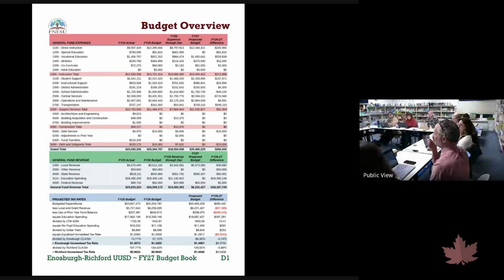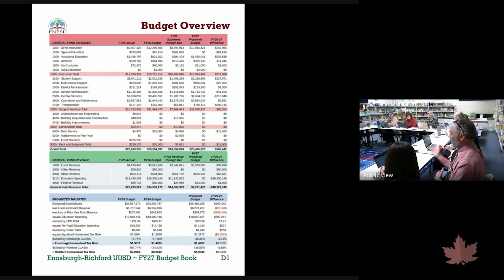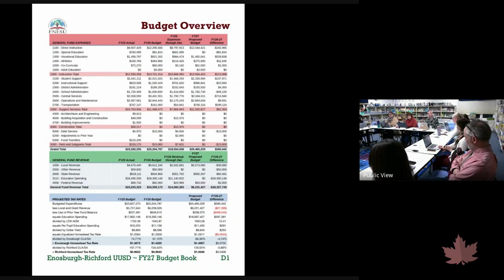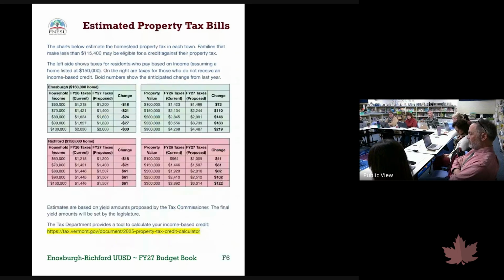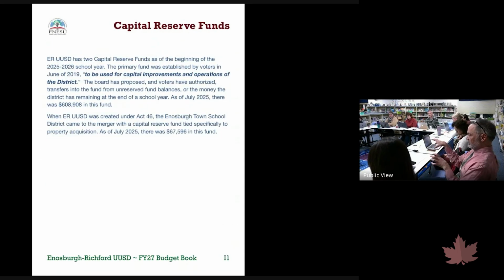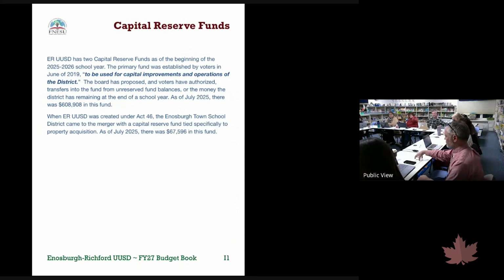Sure. I think this is us being conservative and defensive. But if we go back to 2017, 2018, when we were going through the last merger, most of our individual town districts had capital reserve funds, which the voters establish specific to capital needs at a building.